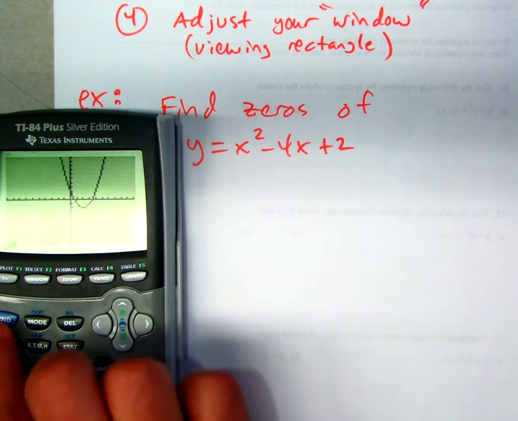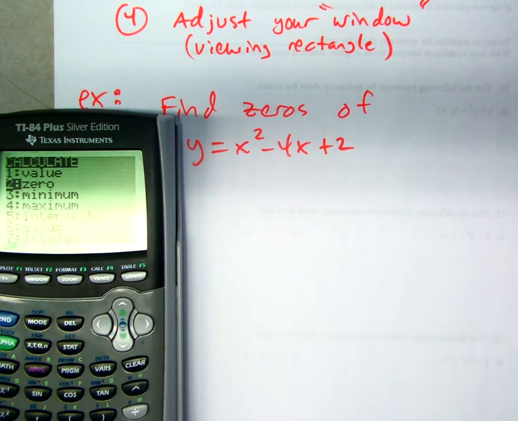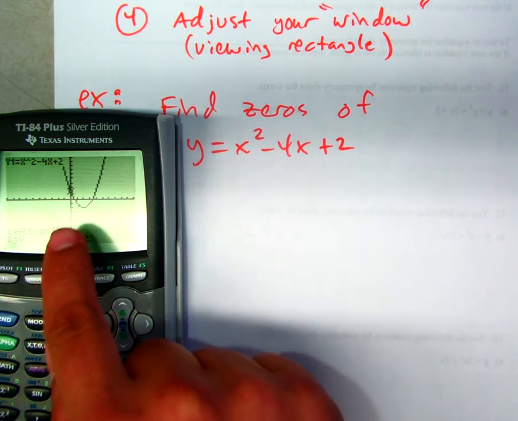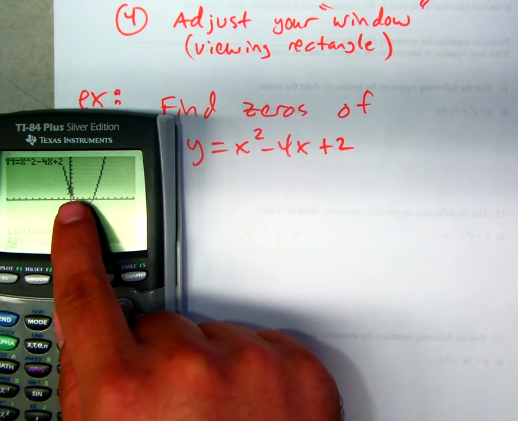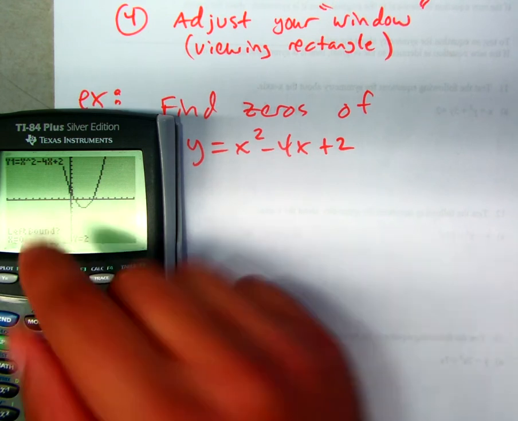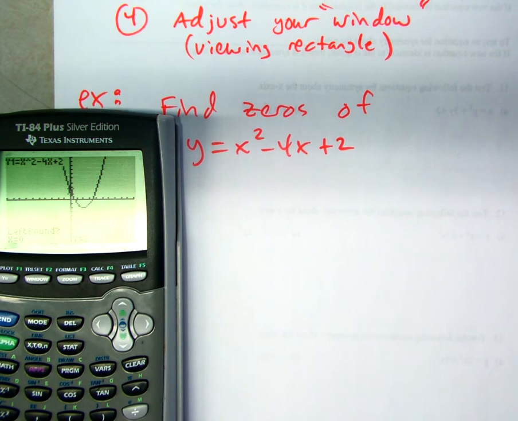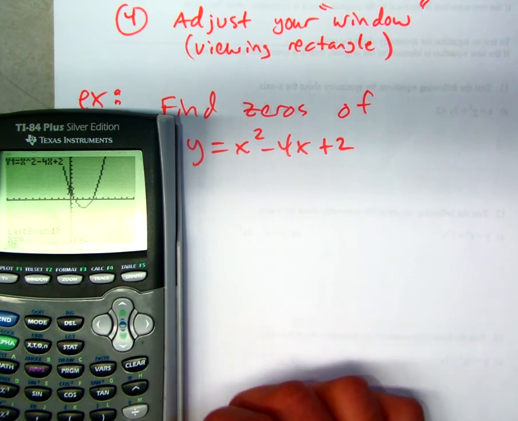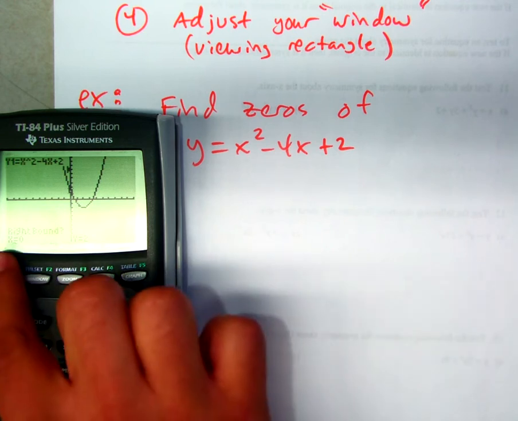So if I go to 0, now it says left bound. Okay, so what that means is if this is my x-intercept right here, the calculator wants you to highlight a point that's to the left of that x-intercept. Does that make sense? So I'm going to hit enter because I'm already to the left of that. And now it says go to the right.